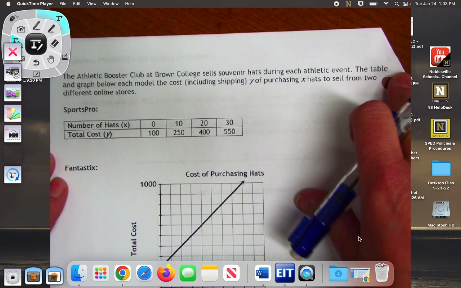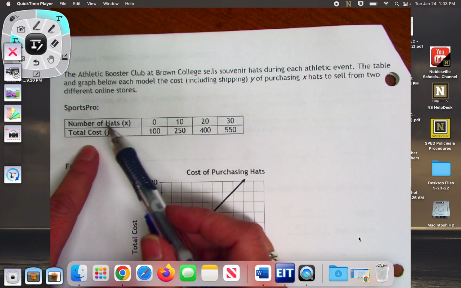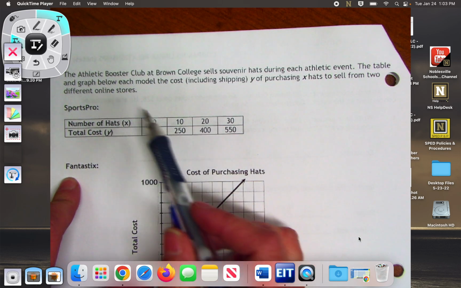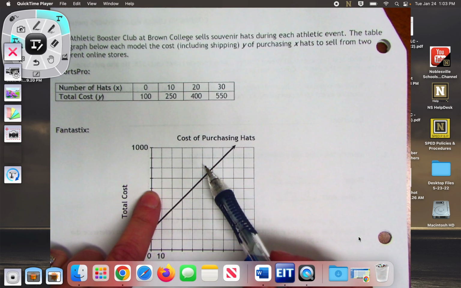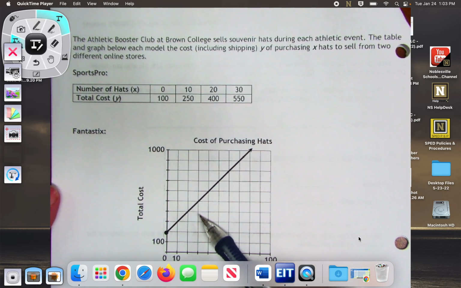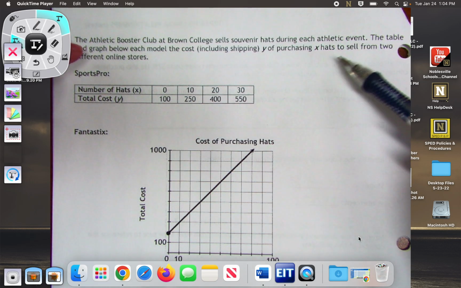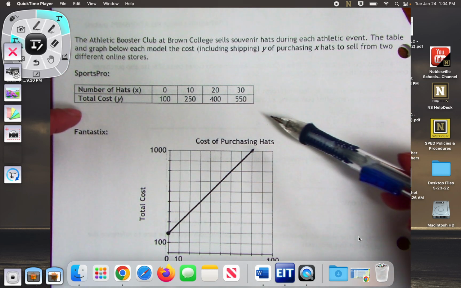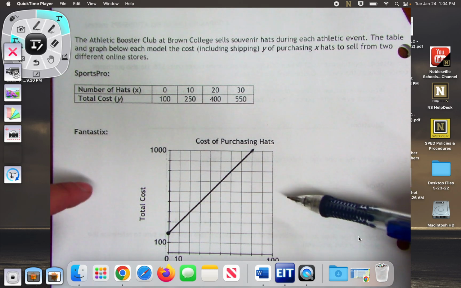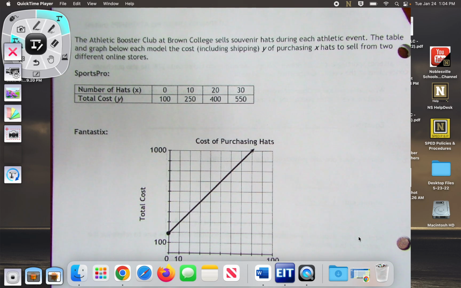Okay, so you can buy these, right, either at this store called Sports Pro or this store, okay? So this is the purchasing for them, right? So if they're gonna sell hats, they want to go to the place that can give them the lowest price per hat, right?